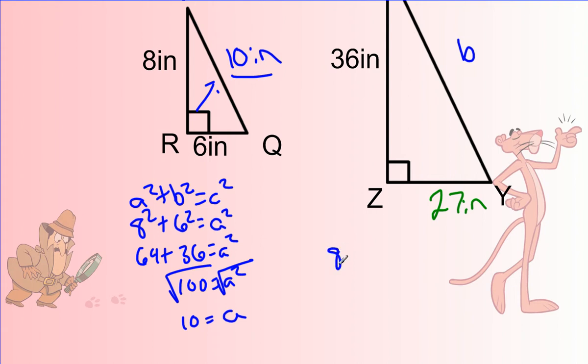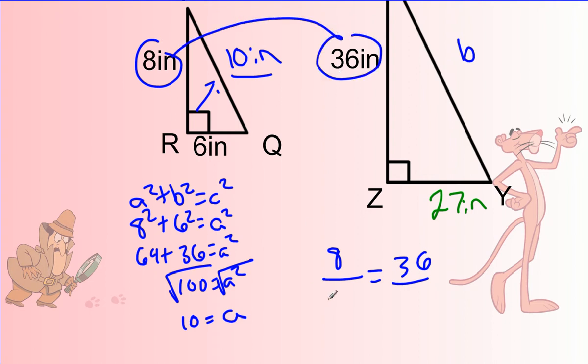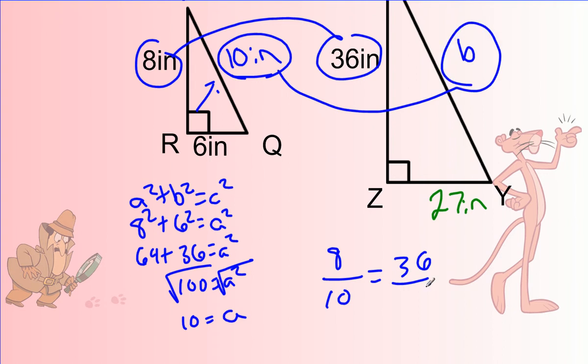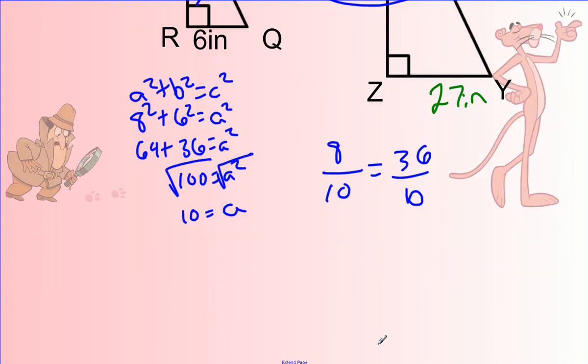So 8 corresponds to 36. See? 8 corresponds to 36. And 10 corresponds to B. And then a little cross multiply action going on here. That's 8B. That is 360. Ooh, I could do that one in my head. Divide by 8.